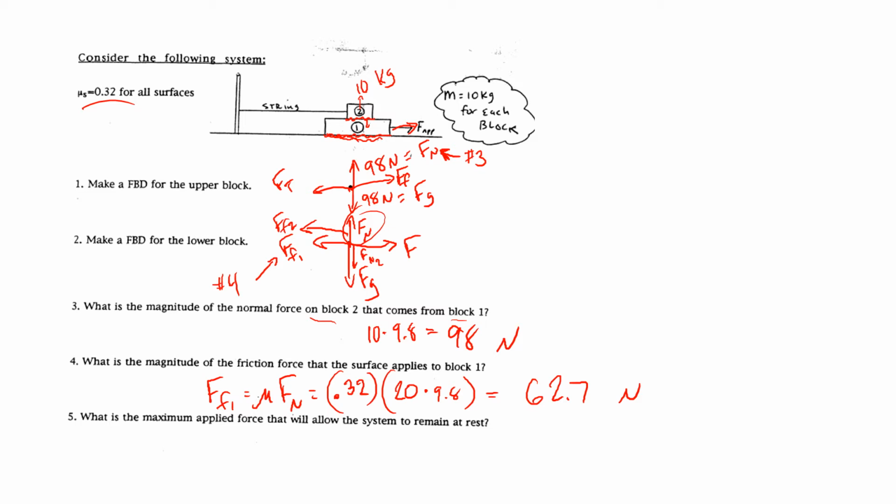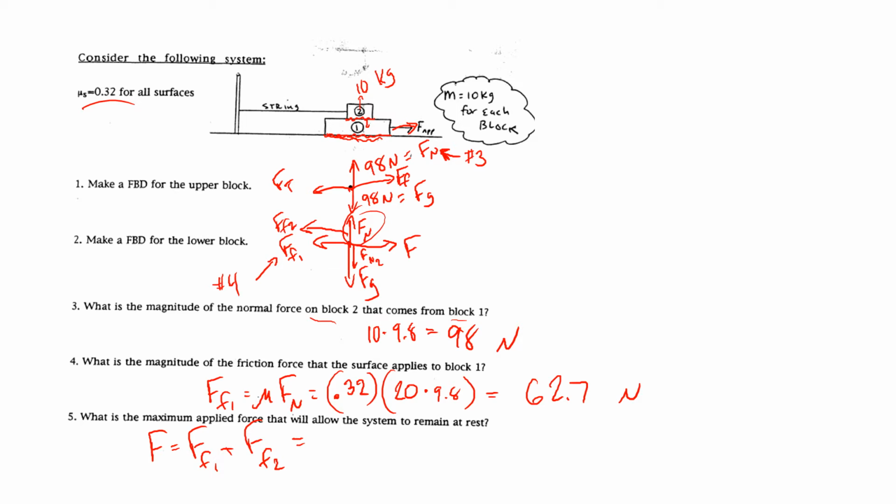What is the maximum applied force that will allow the system to remain at rest? Okay, so we've got that. Now we need to figure out what the other frictional force is. So basically what we know is your applied force has to equal your friction force 1 plus your friction force 2. Does that make sense? Because once you cancel both of those out, then you start to move.